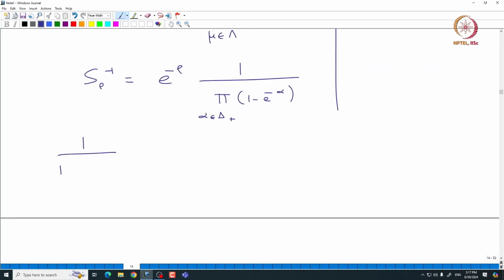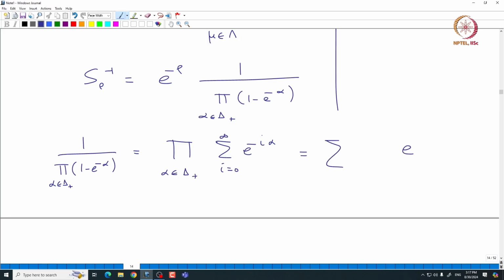So, 1 divided by the product of 1 minus e power minus alpha, alpha in delta plus, is nothing but the product of the summation of e power minus i alpha, i ranging from 0 to infinity, where alpha runs over delta plus. So this is going to be exactly equal to, if I fix some minus gamma, then this is going to be P of gamma, where gamma runs over Q plus.